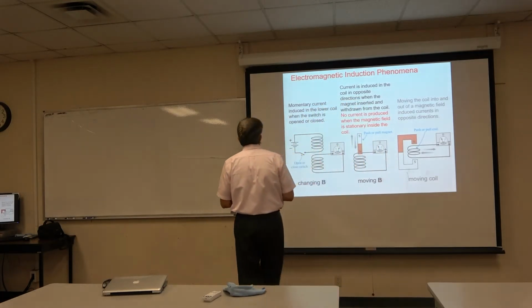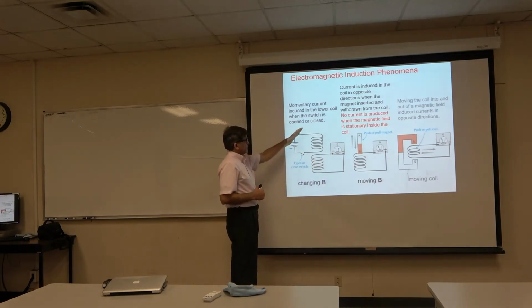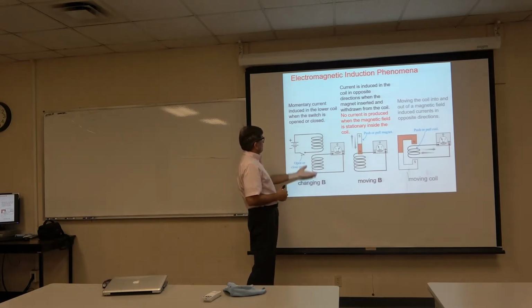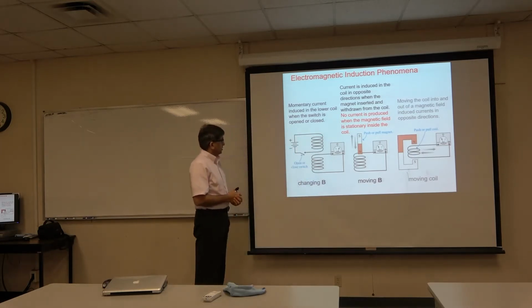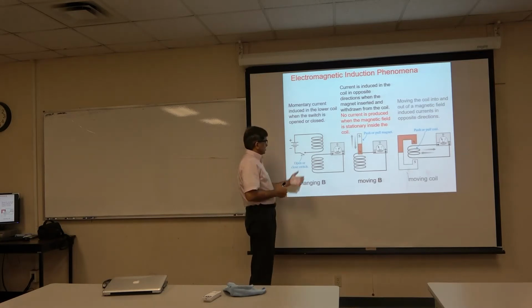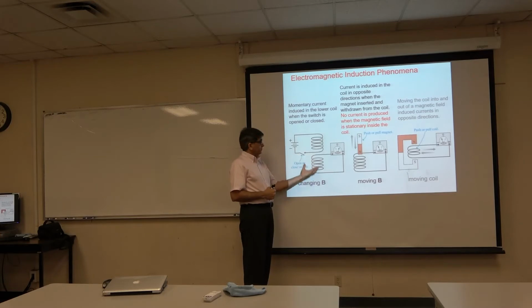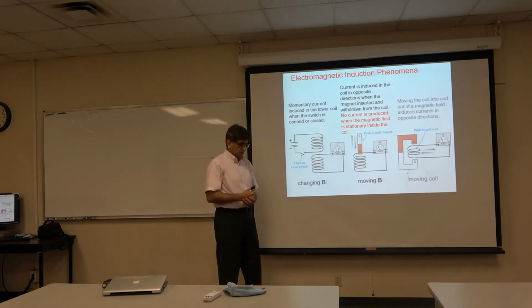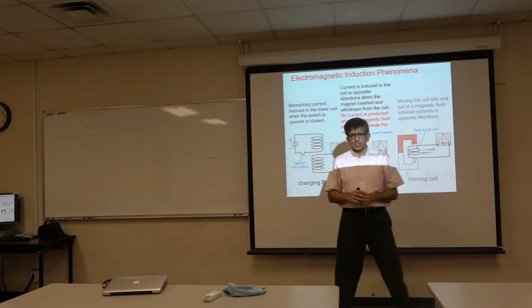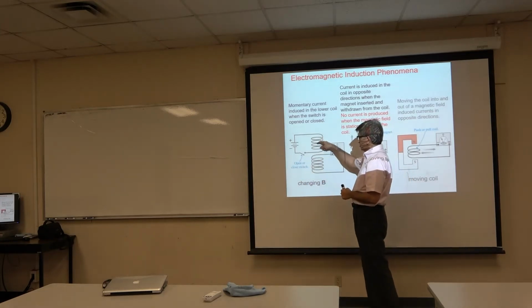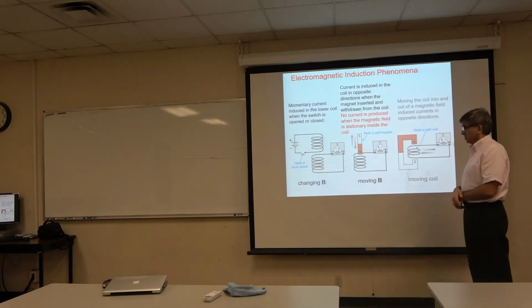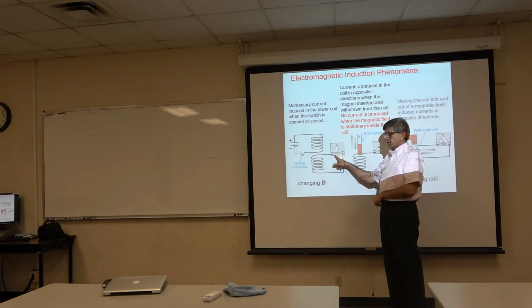So there are a few things we learned here called the electromagnetic induction phenomena. One of them is a changing magnetic field, where we have two conducting coils. One is connected through a battery, and when we turn the switch on, the current flows through the coil. As a result, a magnetic field is produced and changes through the coil, and this magnetic field is going to affect the path through the coil which is not connected to the battery.